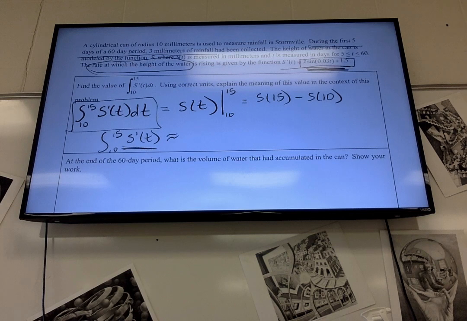So 2 sine of 0.03 x plus 1.5 dx. What did you guys get? I have 11.159. 11.15929. I think I got more correct digits. There we go.